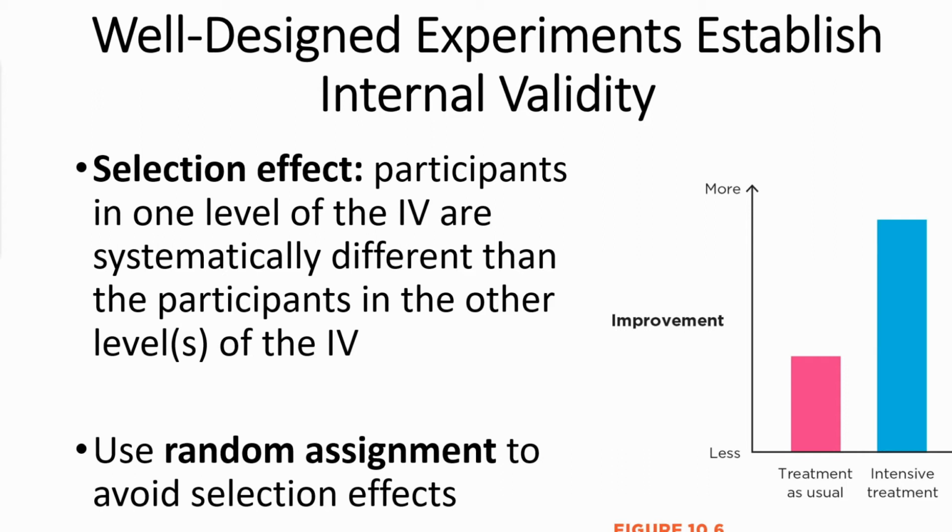And not even just willing, but able to. There could also be a socioeconomic status factor here, where if these parents were more wealthy, they could afford to take time off work or afford to have someone else go to these treatment sessions with their child.